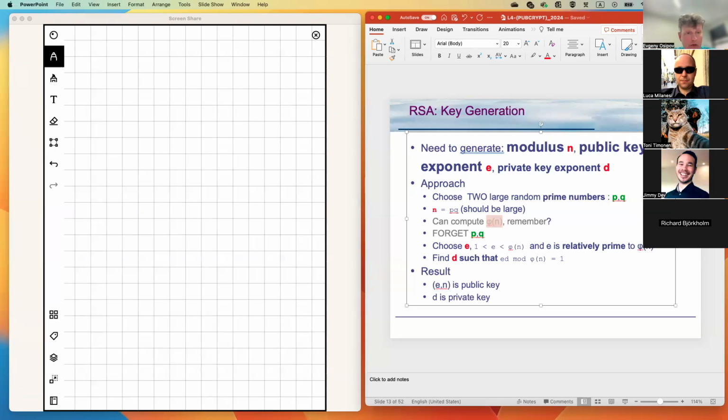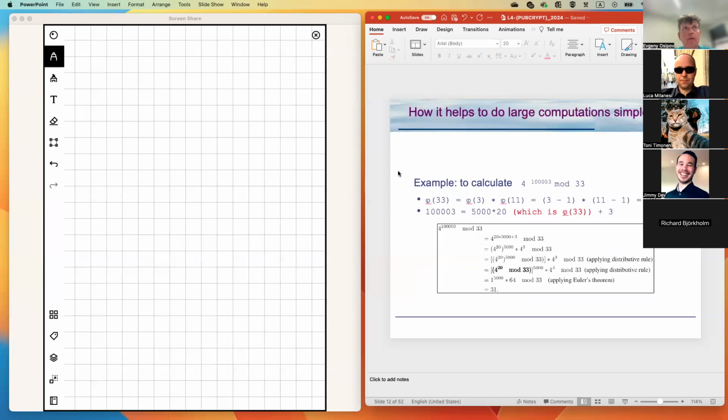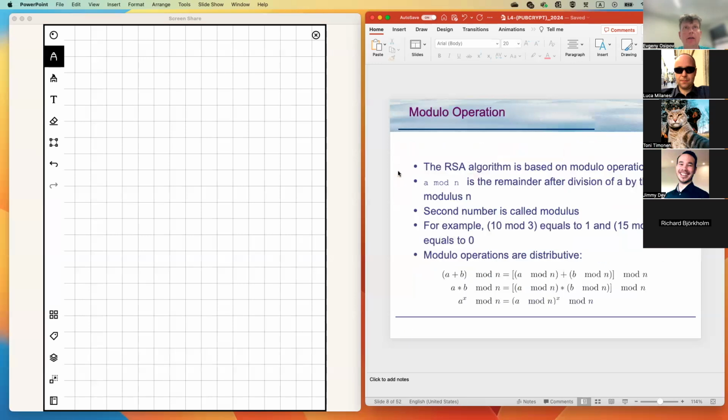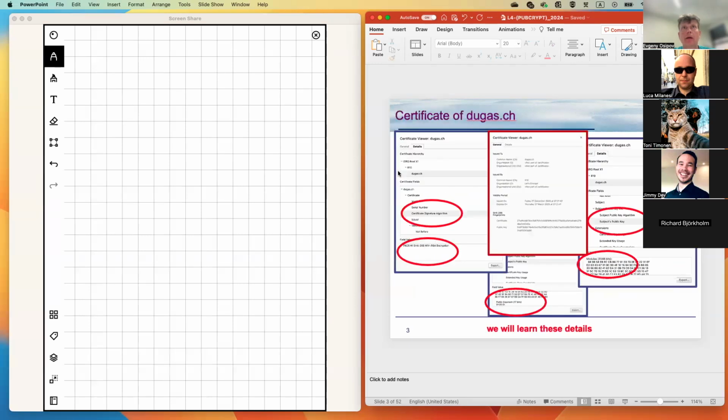The question in the chat: what kind of operation is (e, n)? It's not an operation. It's a pair of numbers. So I can refer to this very first slide. So remember, I showed you a certificate of this website.